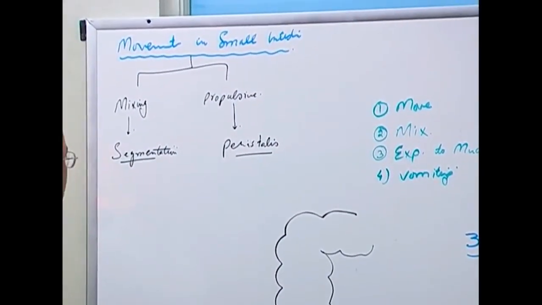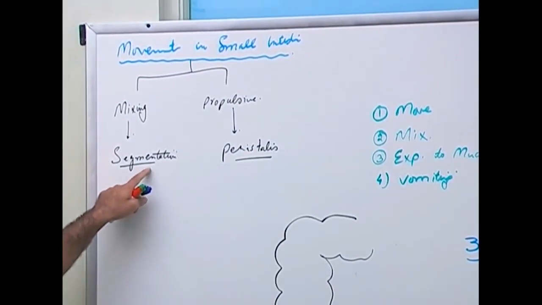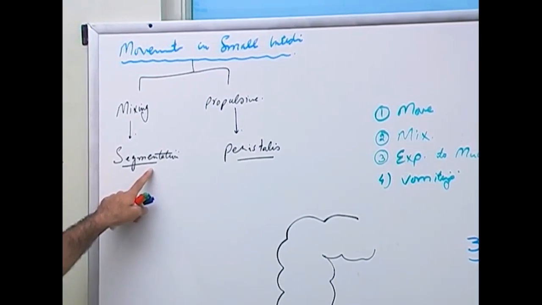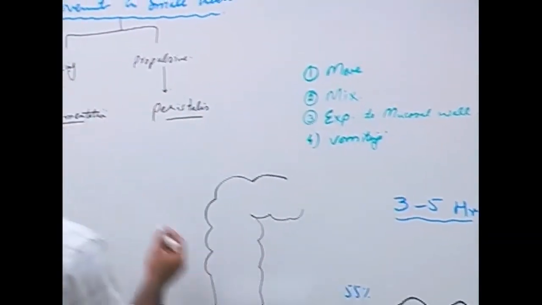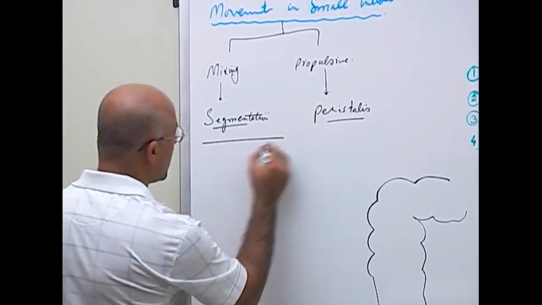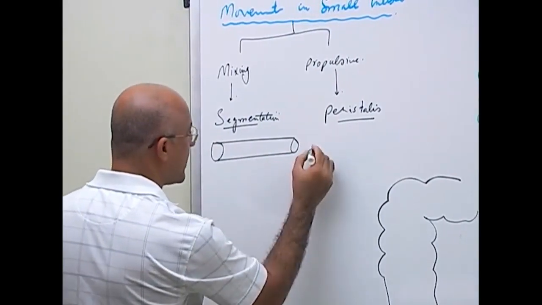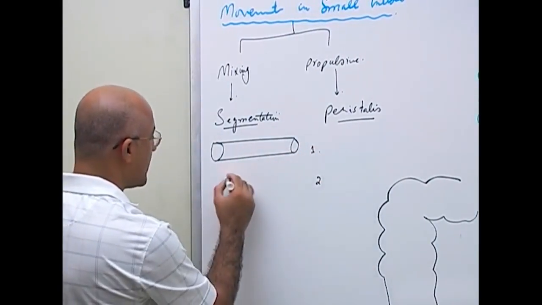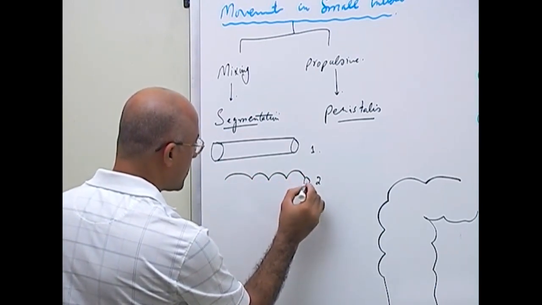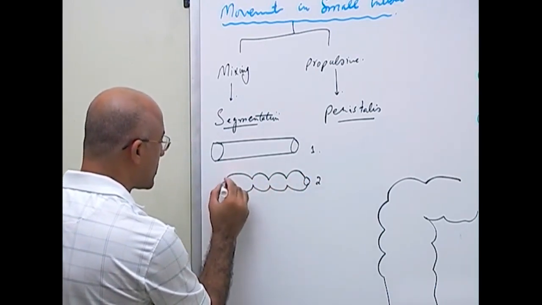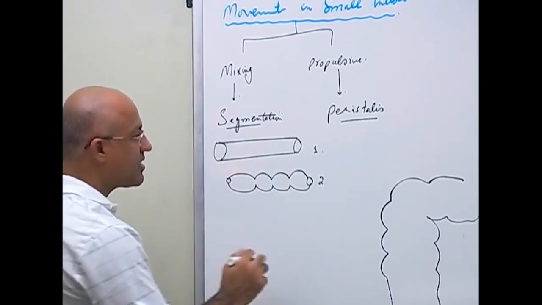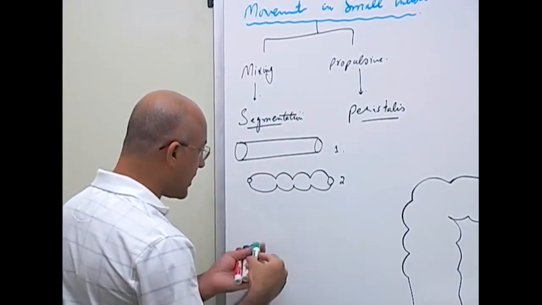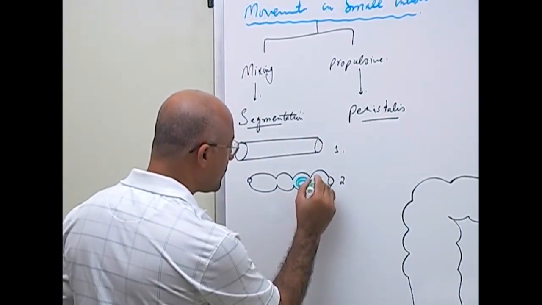I will very briefly review that segmentation movements are primarily produced by the circular muscle layer in the muscularis externa. As I explained previously, if this is the small intestine at movement number 1, a little after that it may divide into multiple segments due to constriction areas produced by the circular layer.